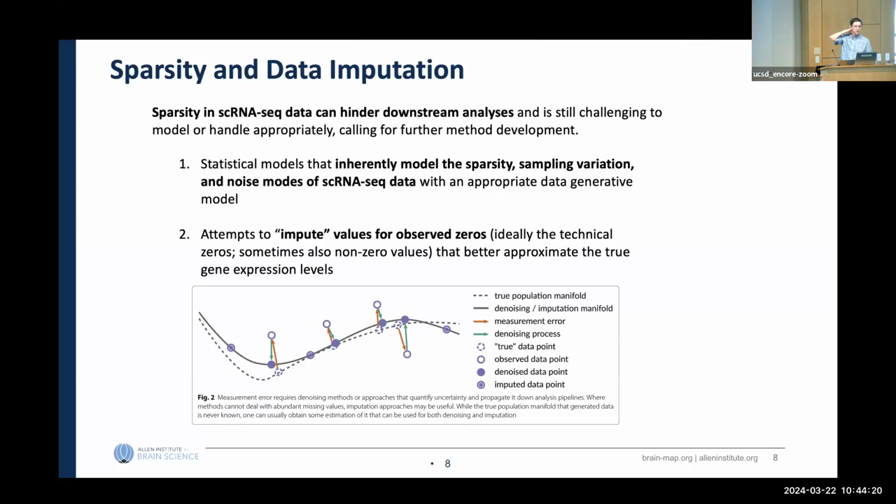Oftentimes, how do we deal with this sparsity and these drop-outs? Take for example development. An organism is expressing certain genes at some level in the embryo.